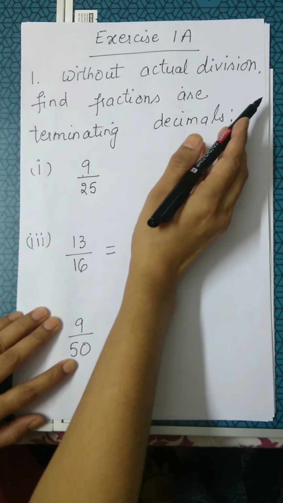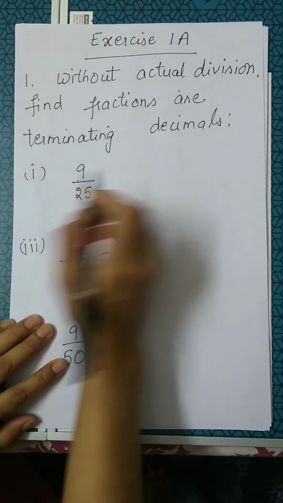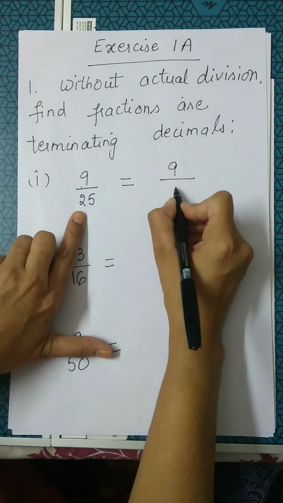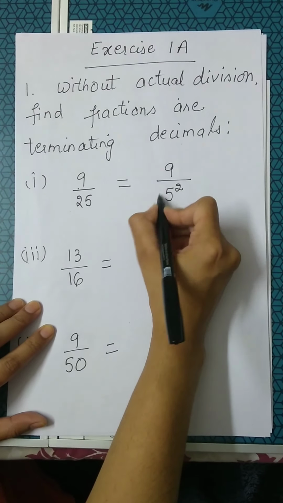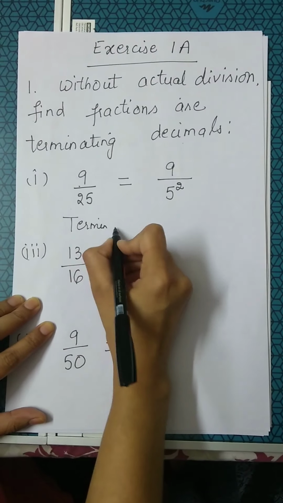Now let us discuss a few questions from exercise 1A. Without actual division, find whether the fractions are terminating decimals or not. As I've just discussed, we'll check. This is 9 upon 25. 25 can be written as 5 square. Because the denominator is written in the exponential power of 5, it will be a terminating decimal.